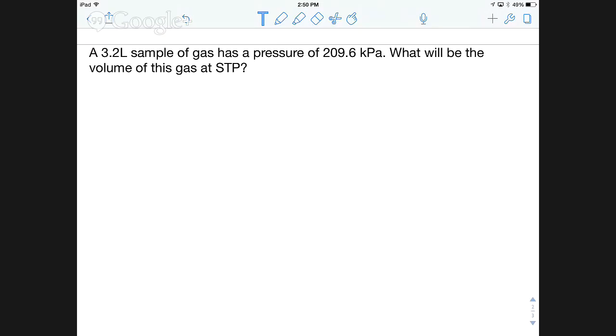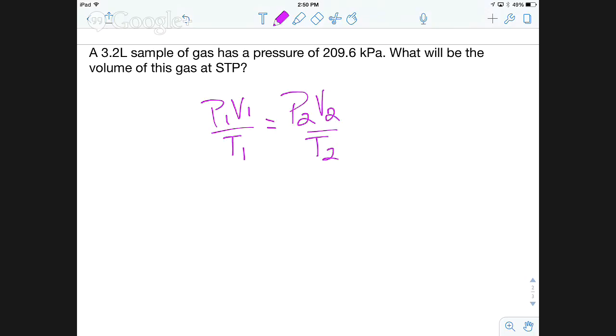Now, this is a little bit tricky because some things are hidden, but we talked about it. So if I start with the formula, P1 V1 over T1 equals P2 V2 over T2. They talk about volume, they talk about pressure, they didn't talk about temperature.